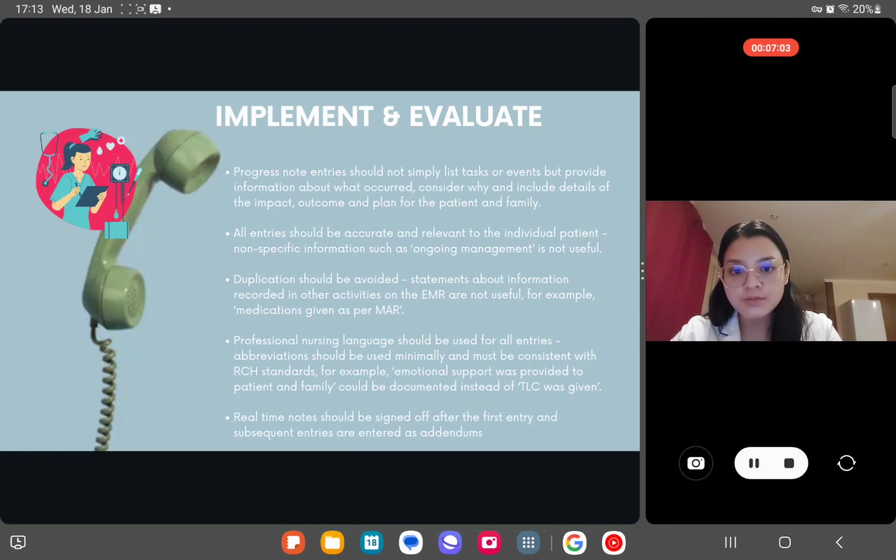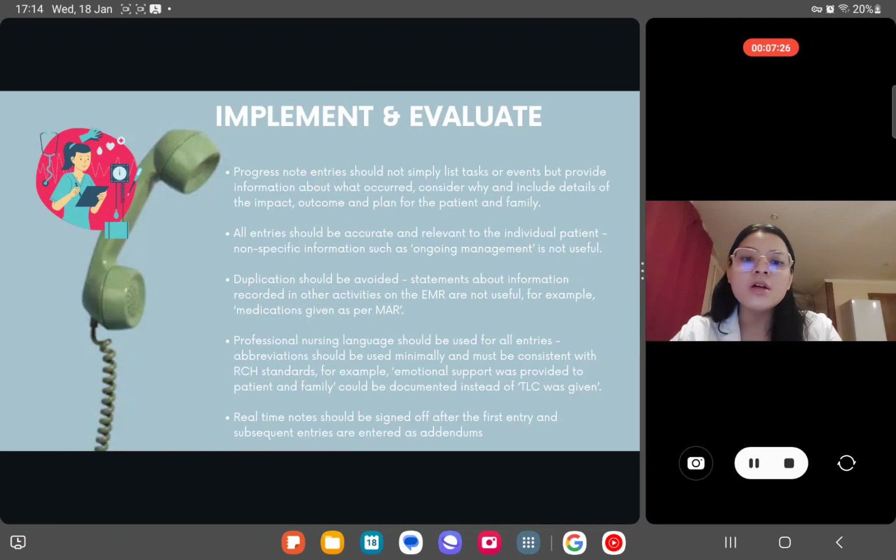We should avoid duplication, which are statements about information recorded in other activities on the EMR which are not useful, for example, medications given as per MAR. Professional nursing language should be used for all entries. Abbreviations should be used minimally and must be consistent with RCH standards.